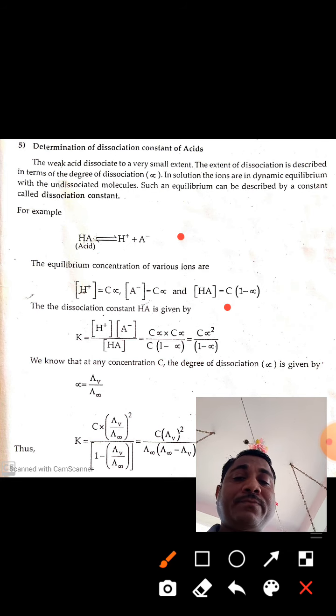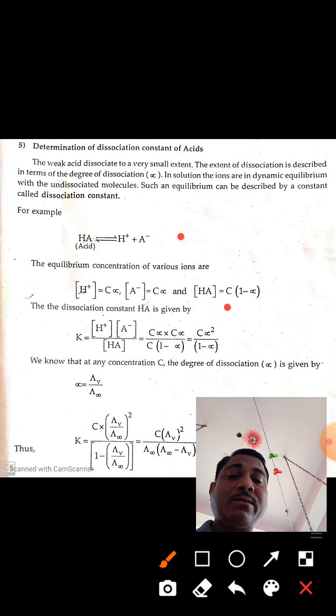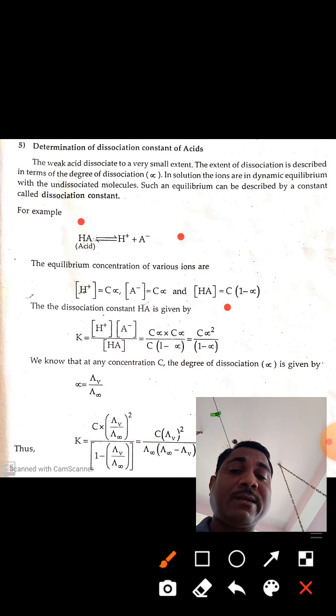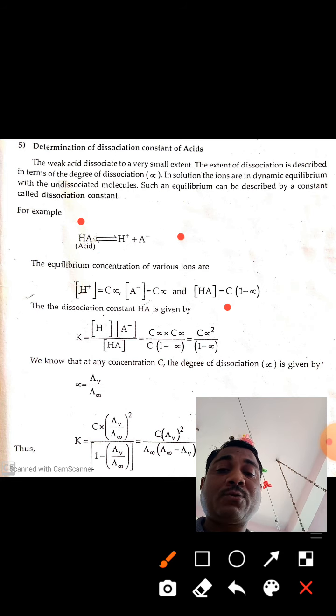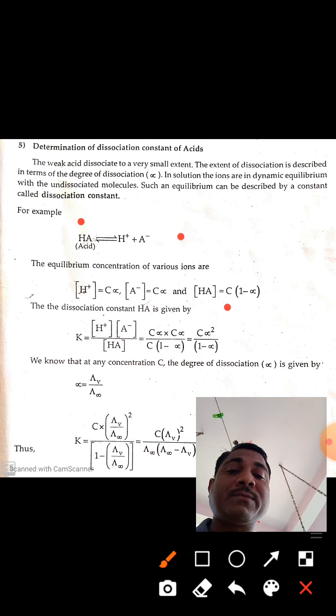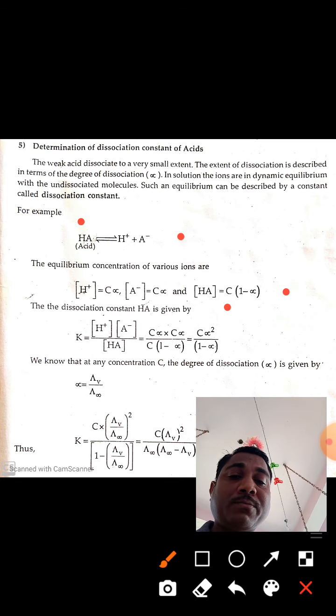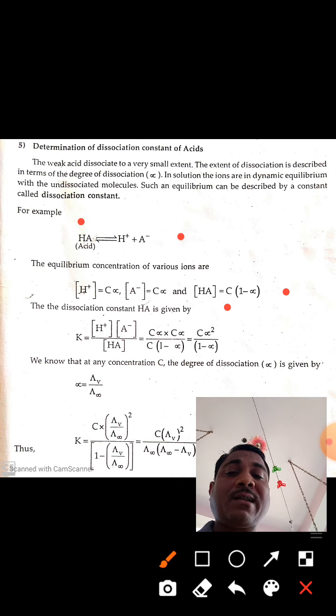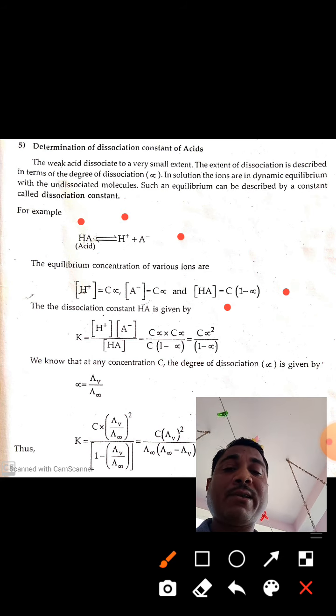Let us explain how to get such concentrations. Suppose there are 100 molecules of HA present. Out of these, 20 molecules of HA are dissociated.